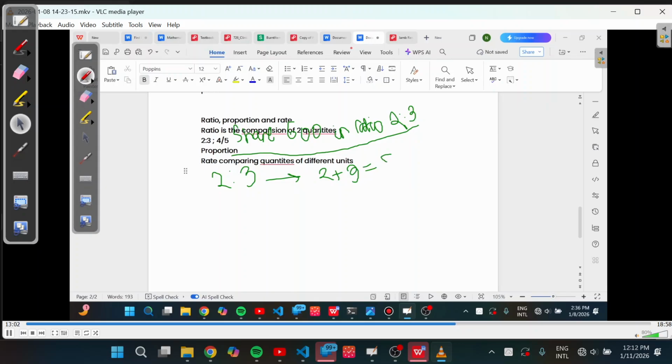Now, how do we share it in that ratio? Now that we have the total parts, how do we actually solve it? You guys are just going to have to forgive my handwriting. So the first share is going to look like this.